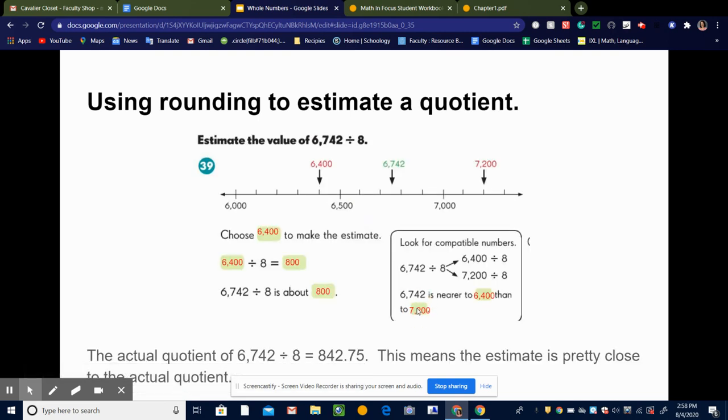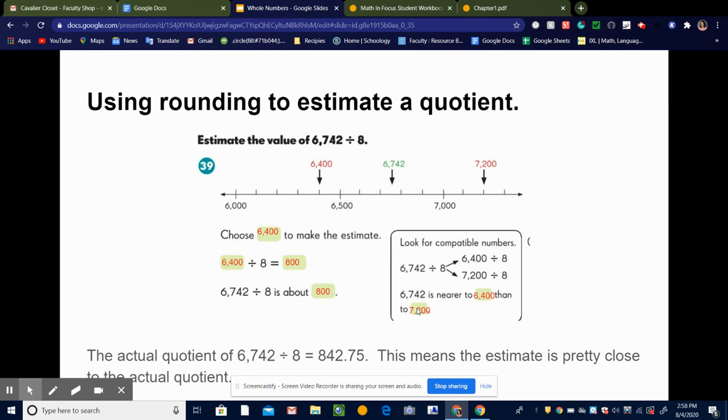So finally, we can also use rounding when we divide to estimate a quotient. Remember, a quotient is the answer that we get when we divide. With division, it's a little bit different. We are going to round, but we're not necessarily going to round to the nearest thousand.